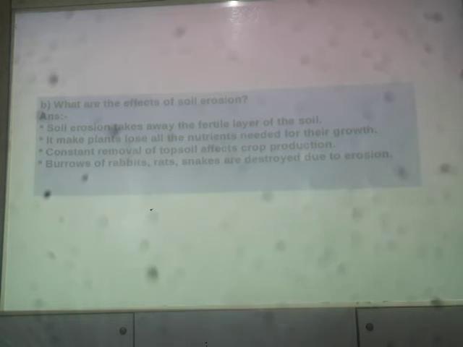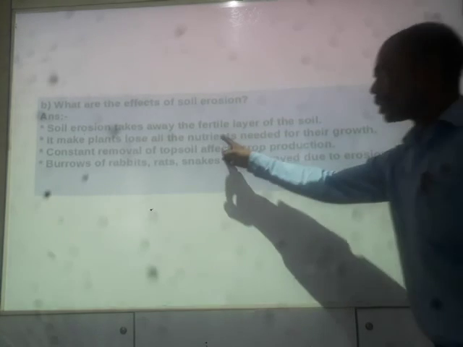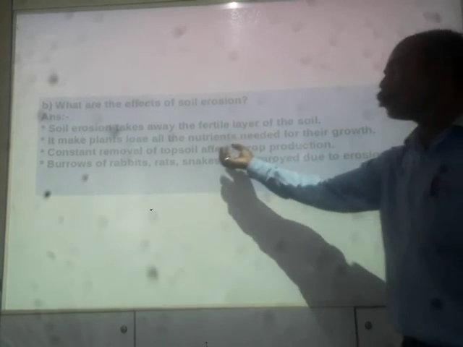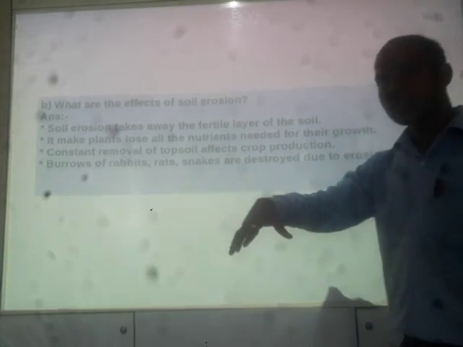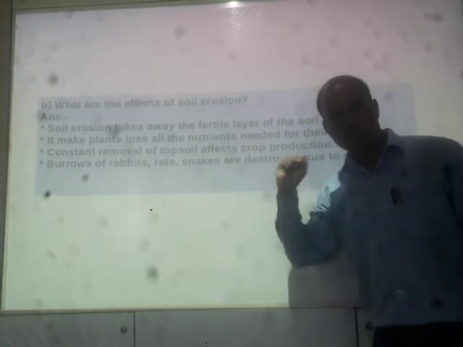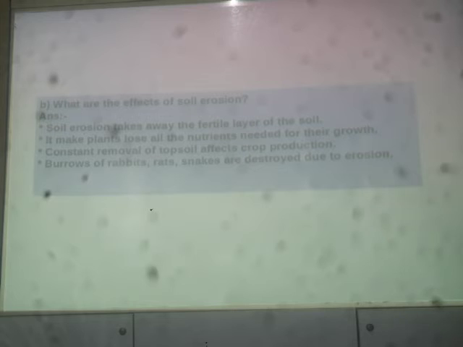Continuous or constant removal of topsoil affects crop production. As already told, soil erosion makes the plants lose all the nutrients. Once they lose all the nutrients, there will be stunted growth, no growth, or less growth in the plants.